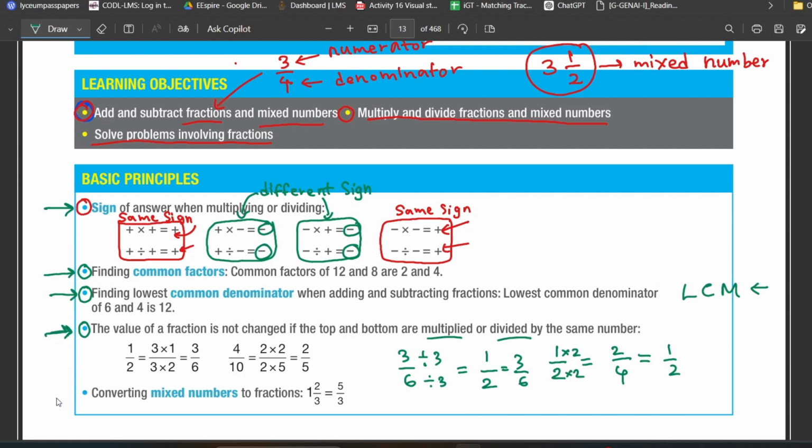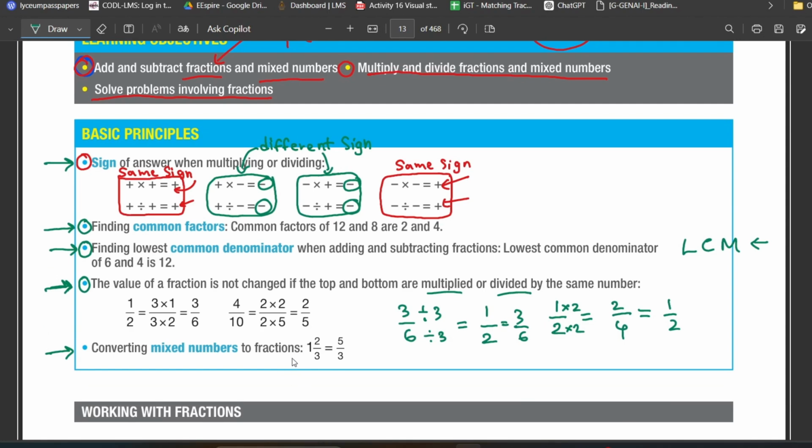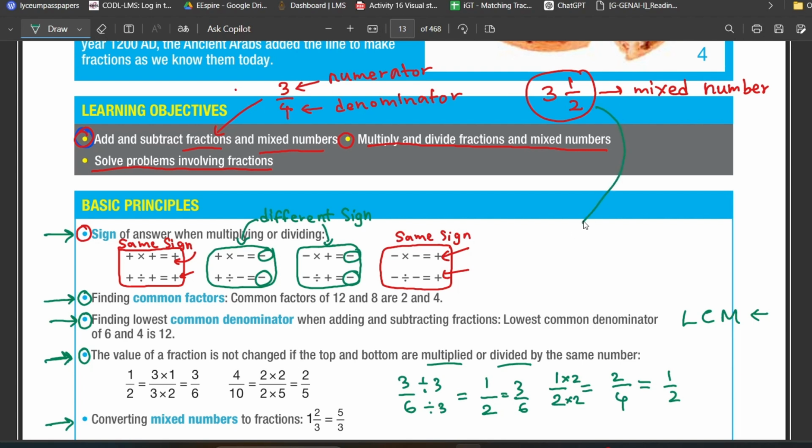And then you have to know how to convert mixed numbers into simple fractions. So I wrote here the mixed number 3 and a half. How can we convert this into a simple fraction? What we do is multiply 3 times 2, and this one plus 1, all over 2. So 3 times 2 equals 6, plus 1 is 7, so 7 over 2.